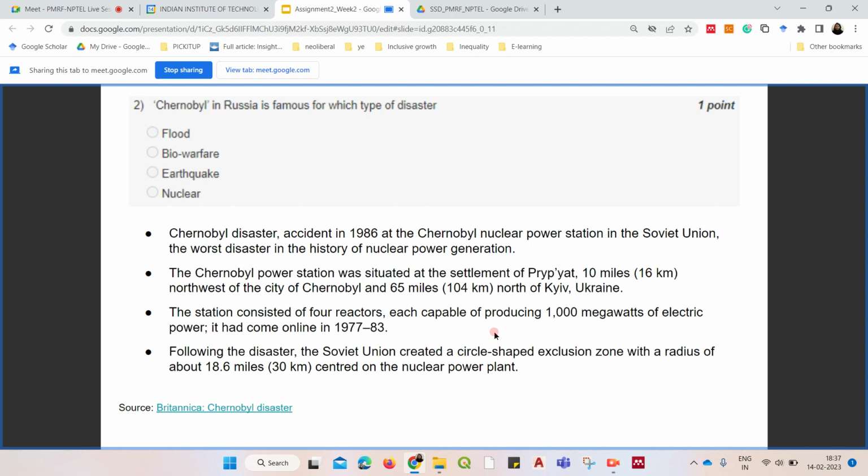And after the disaster, the Soviet Union had to create an exclusion zone with a radius of 18.6 miles around the nuclear power plant, and this was further increased in later times.